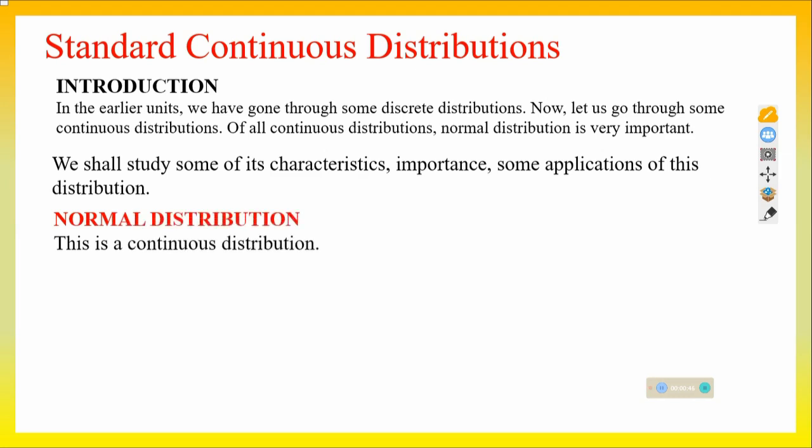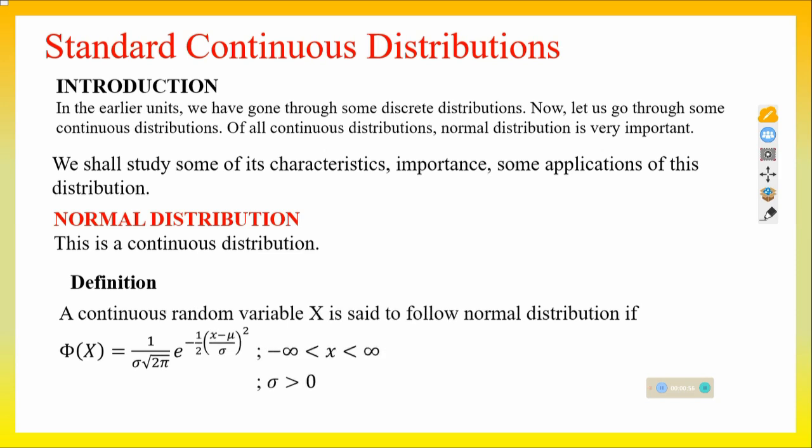A normal distribution is a continuous distribution. And we can define it as follows: a continuous random variable x is said to follow a normal distribution if it has a PDF that is given by this expression.